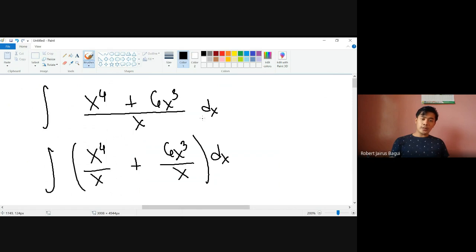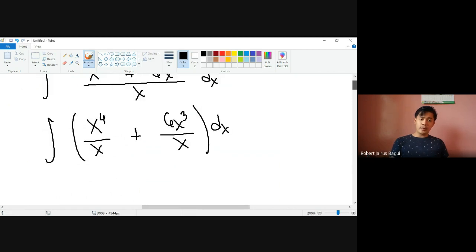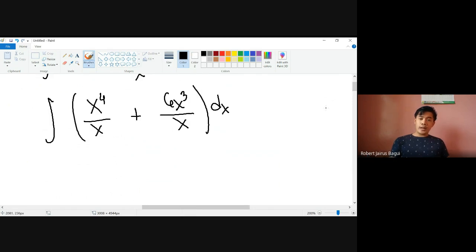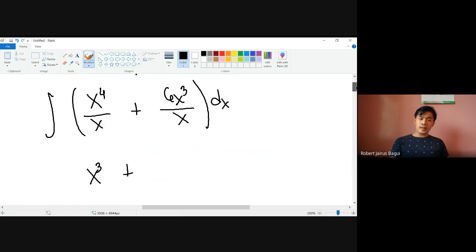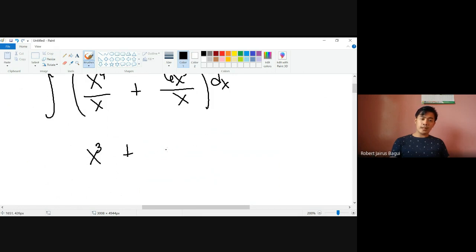So ito at yung first equation ay isa lang yan. Iniba ko lang yung form. So bakit ko ba ito ginanto? So I can simplify x to the 4 divided by x. So pwede siyang x cubed na lang. Plus, so ito namang 6x cubed, pwede siyang 6x squared dx.